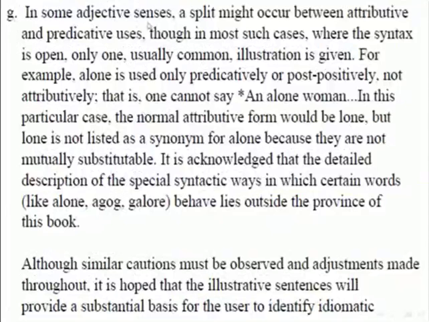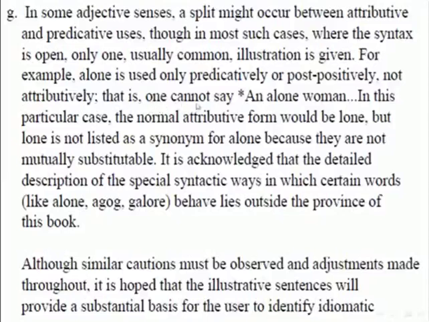In some adjective senses, a split might occur between attributive and predicative uses, though in most such cases where the syntax is open, only one, usually common, illustration is given. For example, alone is used only predicatively, not attributively.